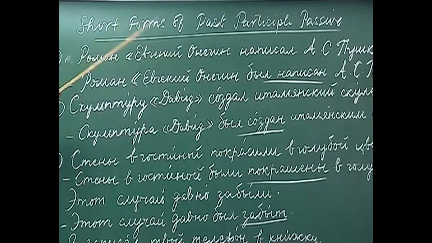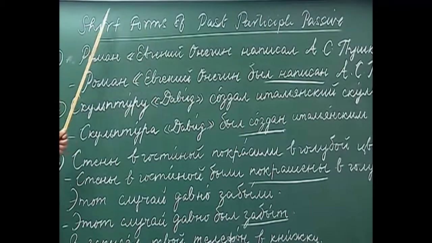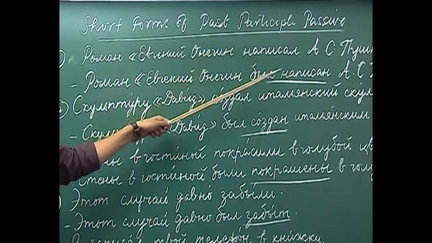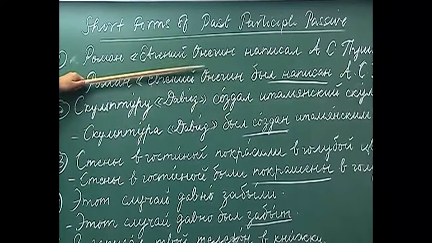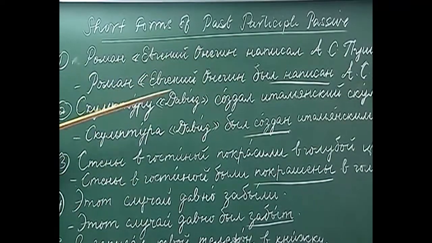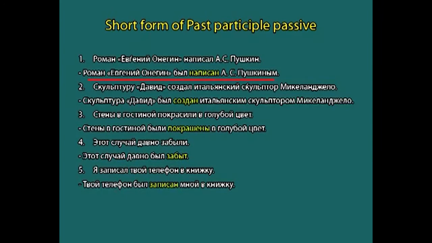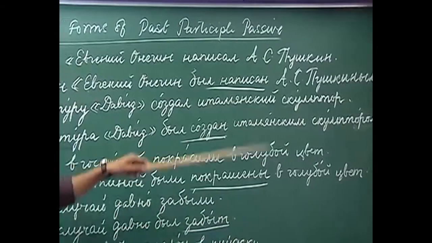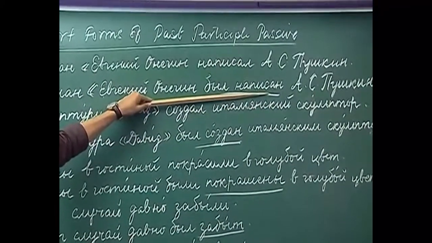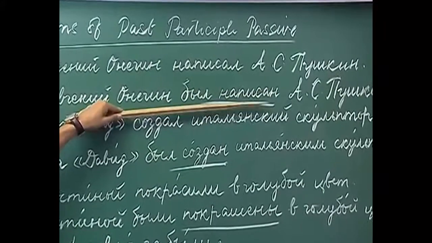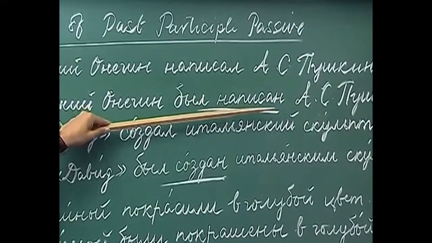So, how can we use the short form of past participle passive and change the same sentence into passive? Let us do that. Roman Yevgeny Onegin был написан A.S. Pushkinim. So, here as you can see, we are using the short form of the past participle passive napisanni.